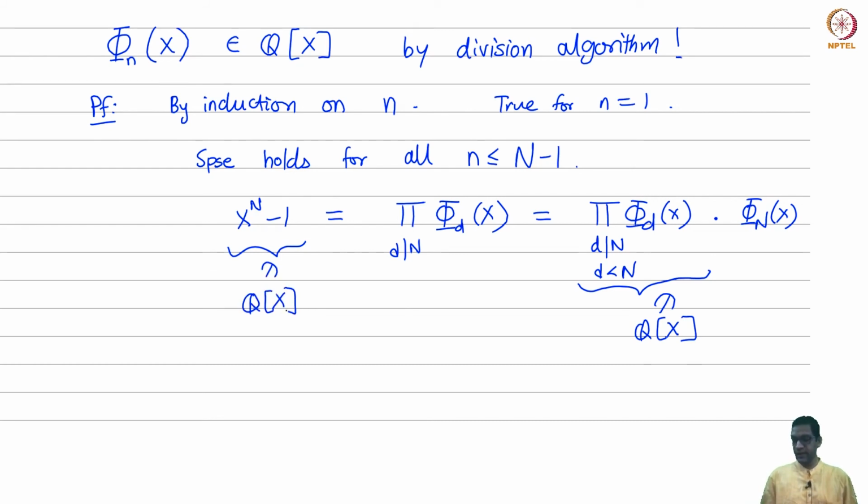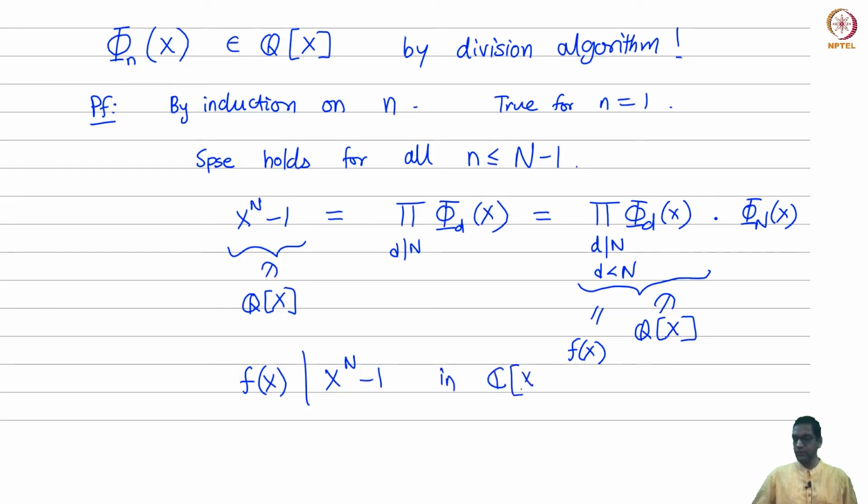Now when I divide this, I know that phi n of x is just the quotient of these two polynomials, right? So I know that this polynomial here, let's call it f of x, definitely divides x to the n minus 1 in C[x].